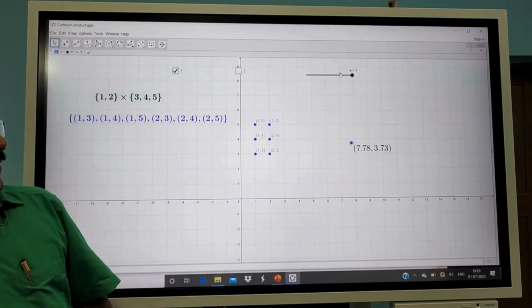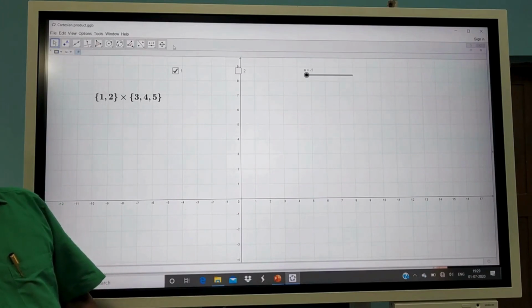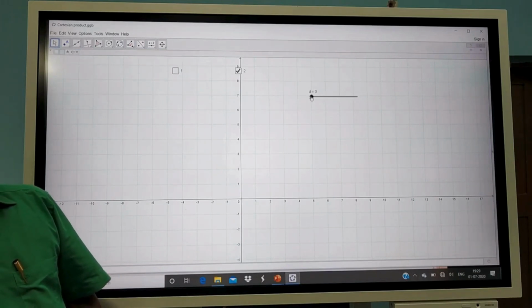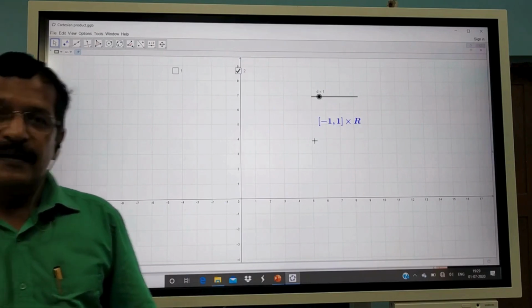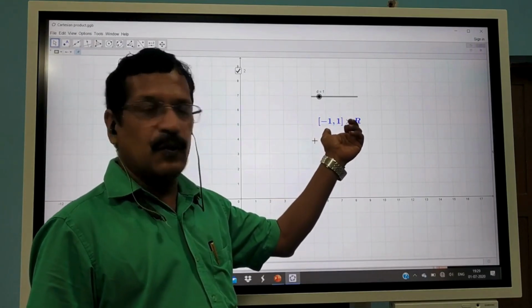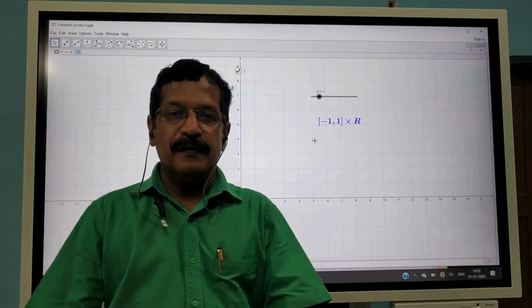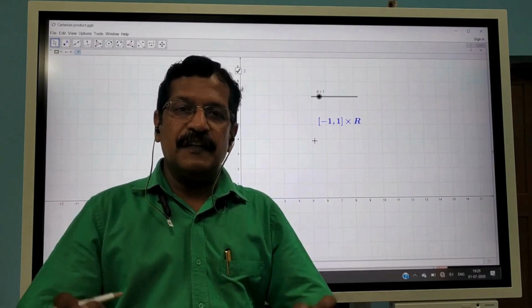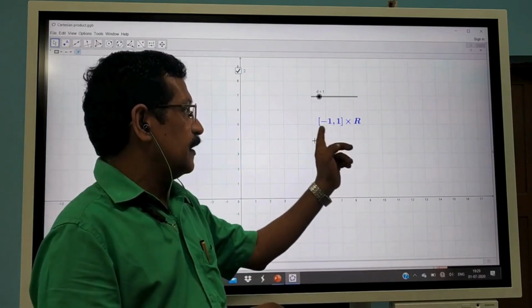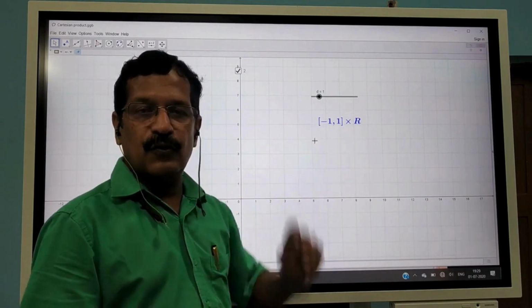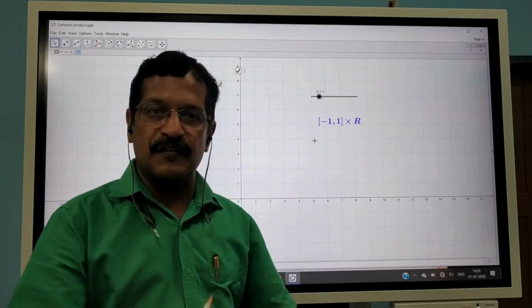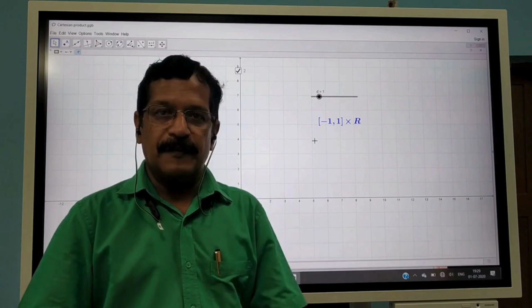So very clear. Let us think about the Cartesian product of a closed interval and the set of all real numbers. Closed interval [-1, 1] cross R. Here, the collection is the set of all ordered pairs in such a way that the first component is an element of [-1, 1] and the second component is an element of the real number set R. What will that be?